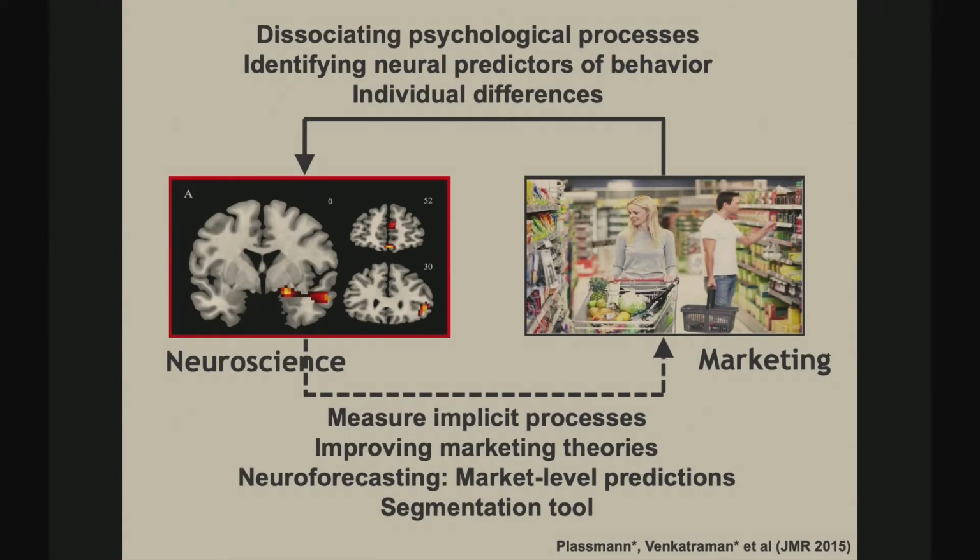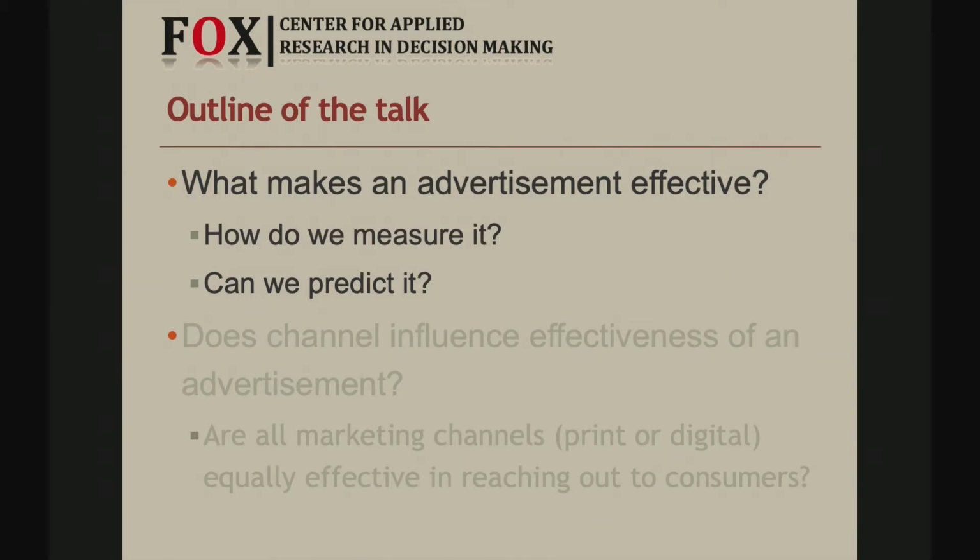Maybe also using it as a more refined segmentation tool, beyond just demographic and psychographic questions. If you understand something about the profiles of people's activations, can you then do effective segmentation using these methodologies? These are some areas where the research is currently moving.